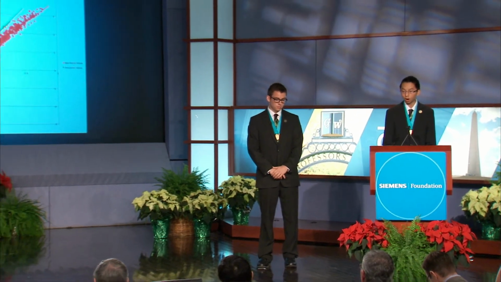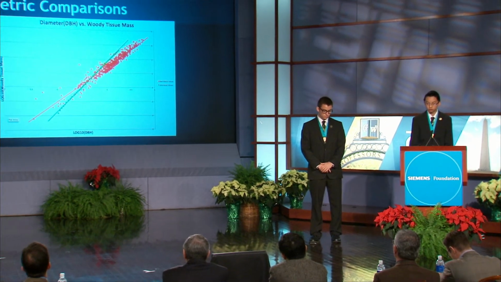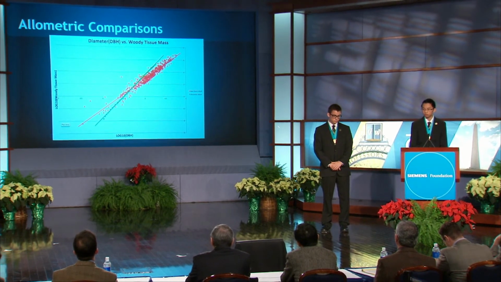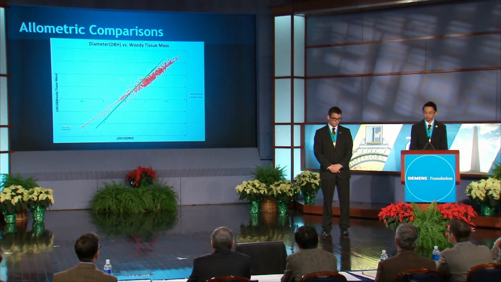Here we took a look at the total mass compared to the foliage mass or leaf mass. And as I scroll through some of these, the height versus diameter, diameter versus foliage mass, and diameter versus woody tissue mass, you'll notice that although there is some variation between our data and the real world data, generally ours do match up with those values, giving us some form of validation that our trees do exhibit growth characters similar to real trees.